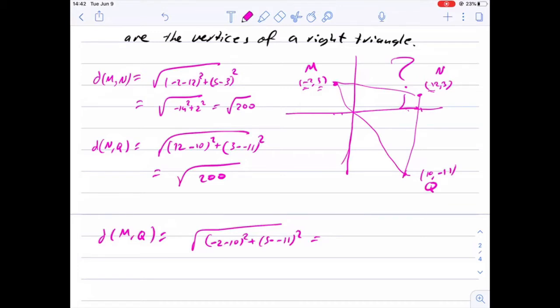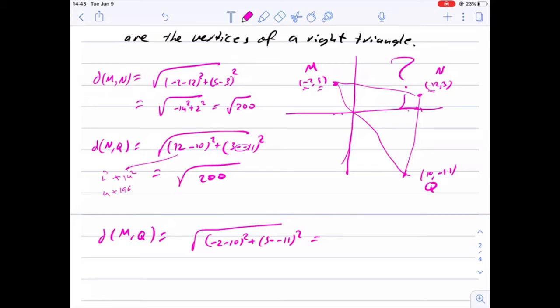So we had MN, NQ. NQ was, let's compute it here, 2 squared plus 14 squared. This is 4, this is 196, so it's 200.